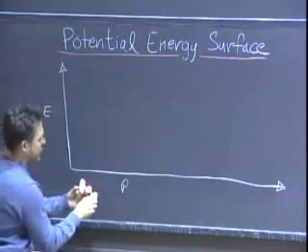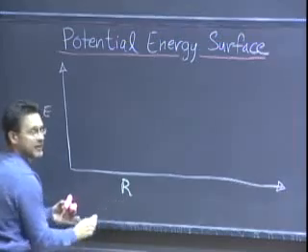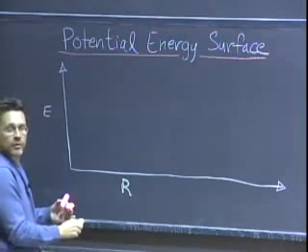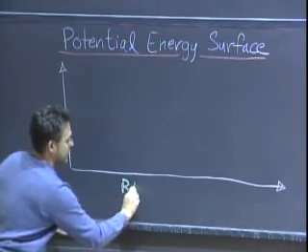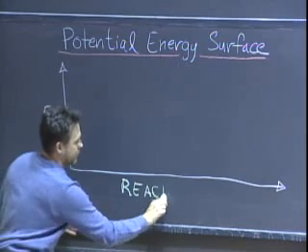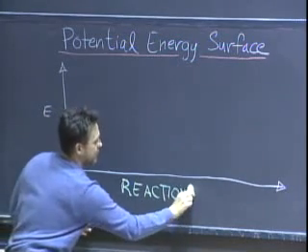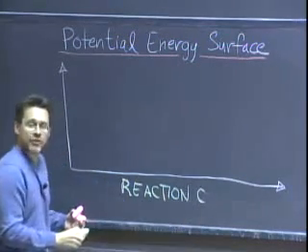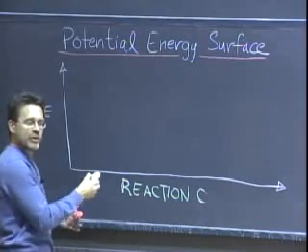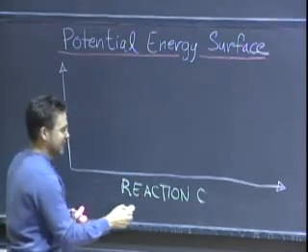That means as we progress through a sequence of elementary steps corresponding to a chemical reaction. A complete description of any reaction implies a knowledge of the potential energy surface for the reaction.